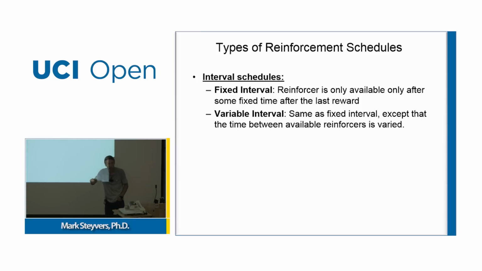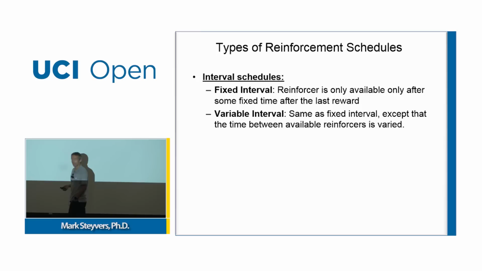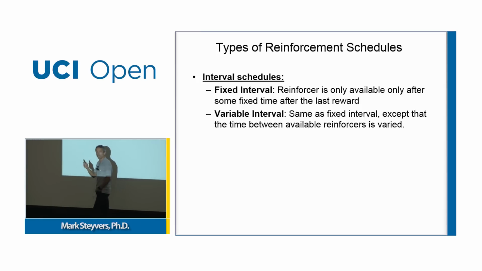But if the peck is given at the right time, then after this fixed interval, the reward will be delivered. For example, in the real world, you might think of people that receive bonuses every year, sort of a fixed schedule. You have to do something, let's say, to receive this bonus, but you get it every year.